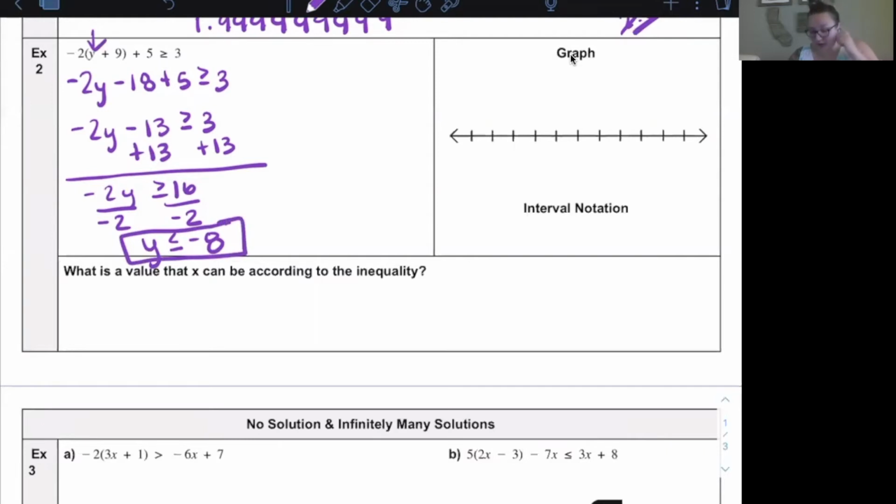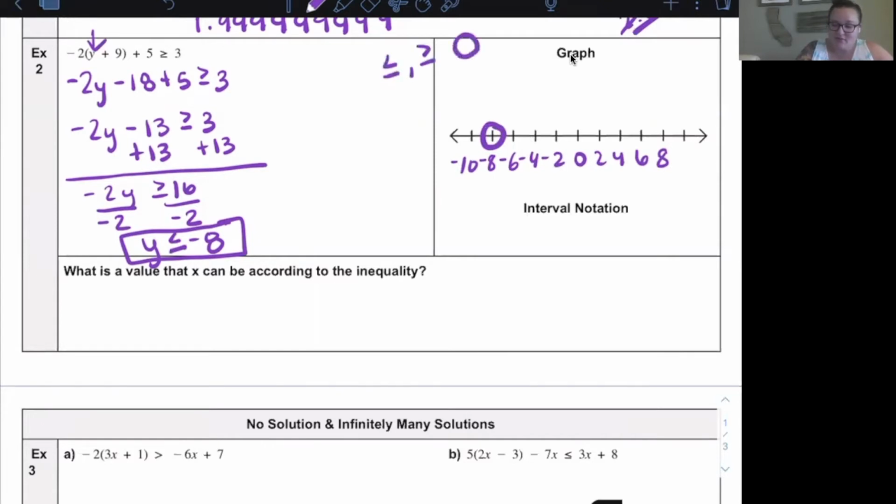So when we graph this, again, we're going to want 0. We're going to want some positives. We're going to want some negatives. So I'm just counting by 2s. We're going to put our circle on the -8. Now, because y is less than or equal to -8, we have a less than or equal to or greater than or equal to sign.